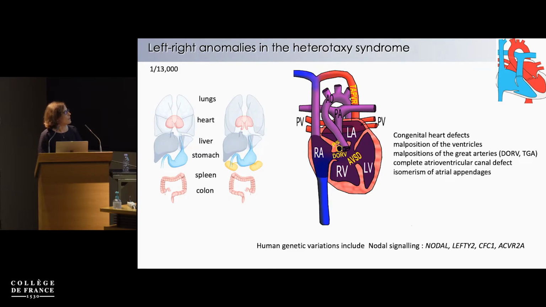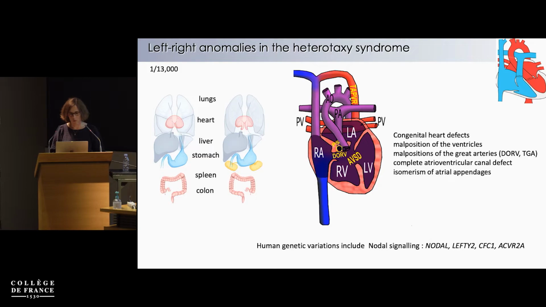And heterotaxy is associated with severe congenital heart defects in which, for example, you have malposition of the ventricles or the great arteries, and you have problems in the septation between the different cardiac compartments. The genetics of heterotaxy syndrome is fairly well known, and one of the genetic variations is associated with nodal signaling.